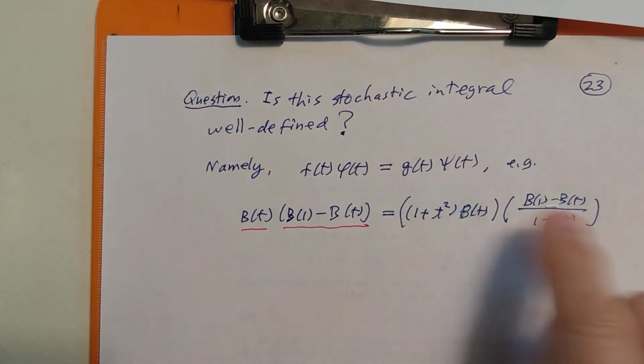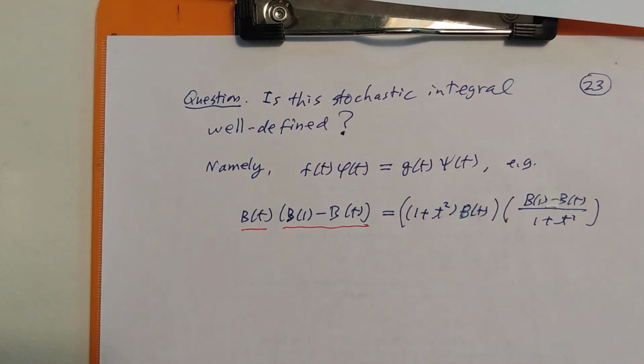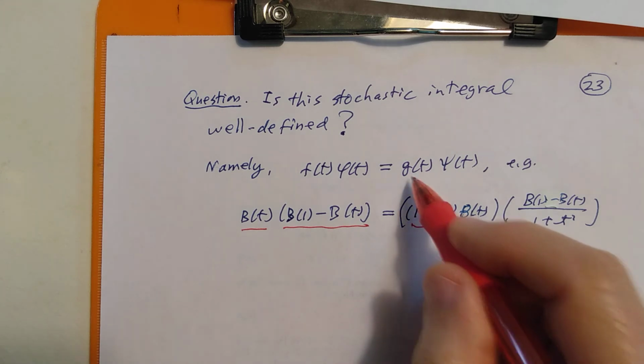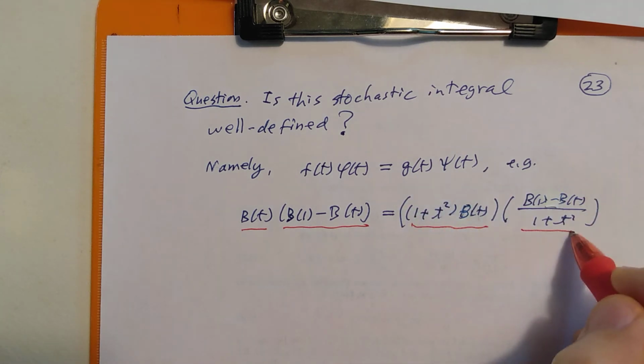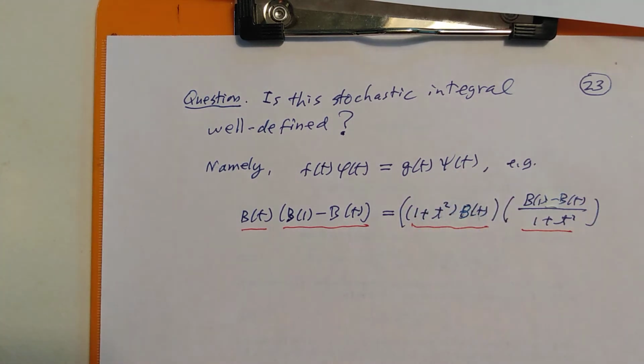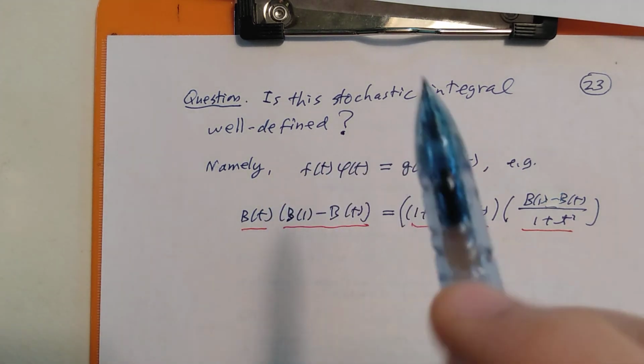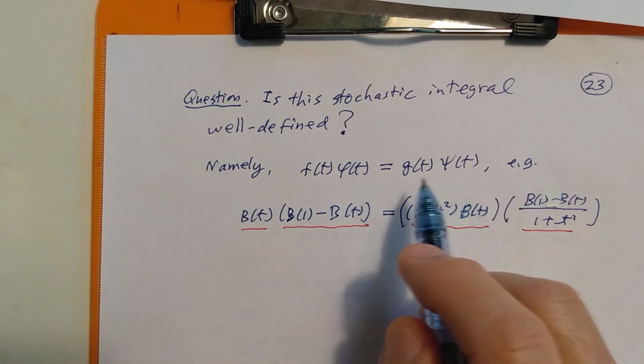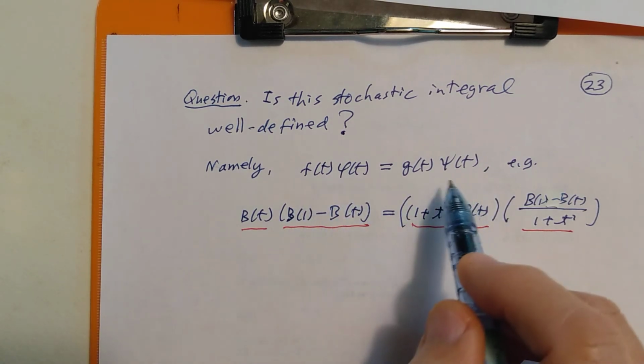You see the 1 plus t squared cancel out. But you can think of this as g t, and this as psi t, and they are equal. And so an integrand can be represented in several ways. This is one way, this is another way.